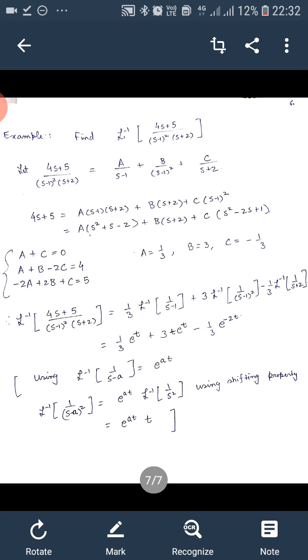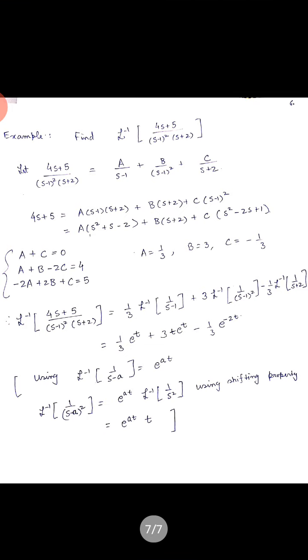Here we are using the linearity property. We already know the formula of the inverse Laplace transform of 1 over s minus a is e raised to the power at. So if we use that here, L inverse of 1 over s minus 1 will become e raised to the power t, because if we compare with the formula, a is equal to 1 here.